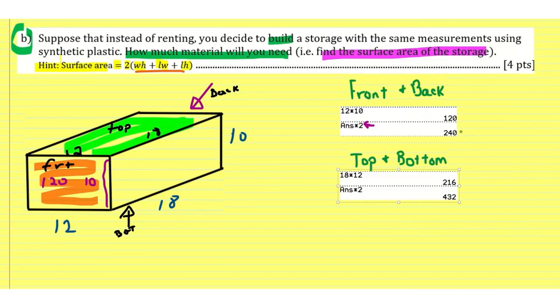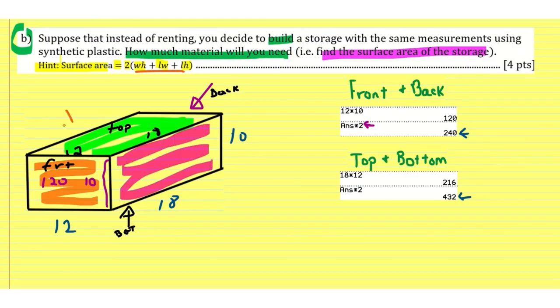So far for the front and back we have 240, and for the top and bottom we have 432 square feet. And what is going to be this side? This is like the right side, but we're also going to have a left side over here that we can't see, but it's going to be identical.